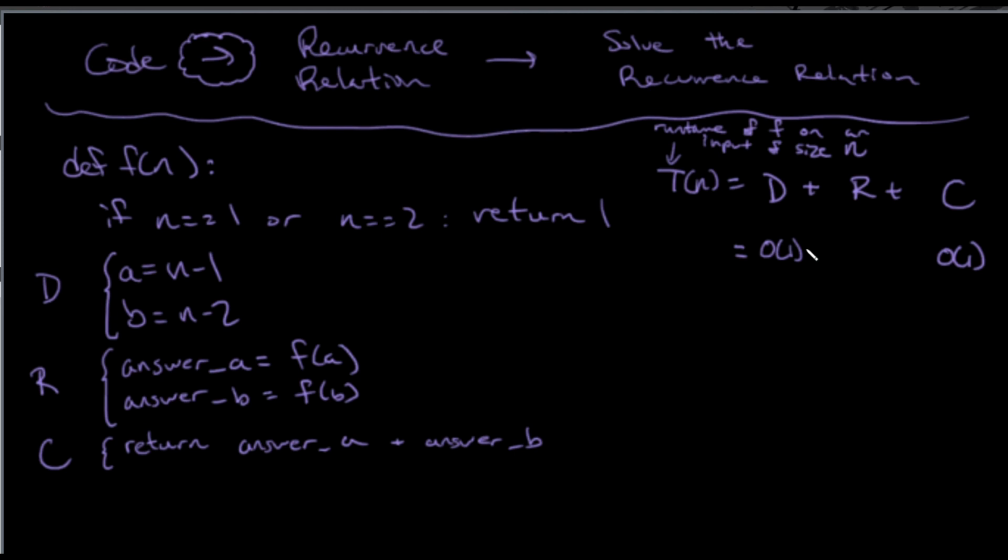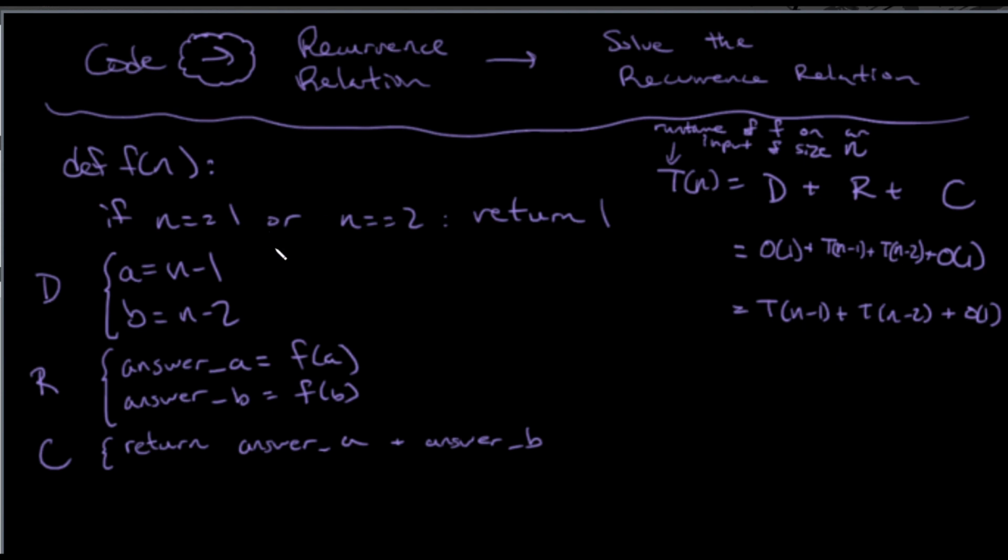And so the time for the recursive calls is just going to be the time to run f on an input of size n minus 1 plus the time to run f on an input of size n minus 2. So if we simplify by adding these two O of 1s, we're going to get T of n minus 1 plus T of n minus 2 plus O of 1.